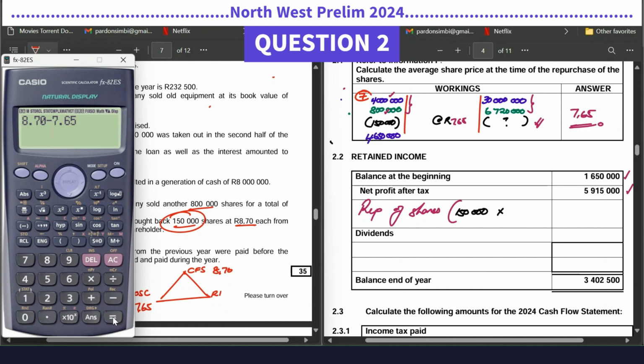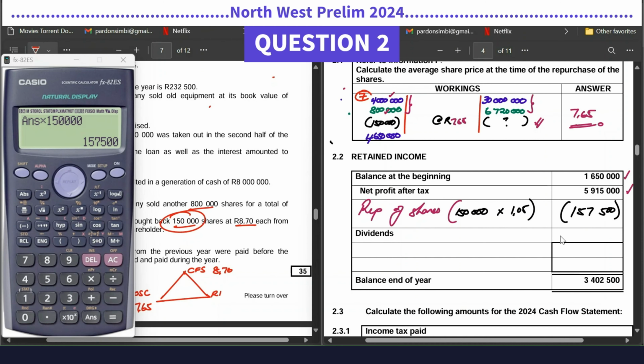And then I'll say 1 Rand 5 cents multiplied by 150,000 like that. And then in brackets, I'm going to end up with 157,500. Cool. Let's come to the next part now.